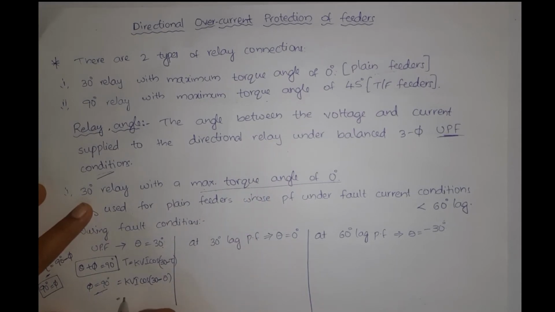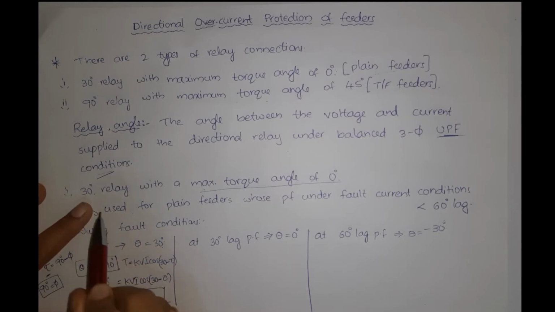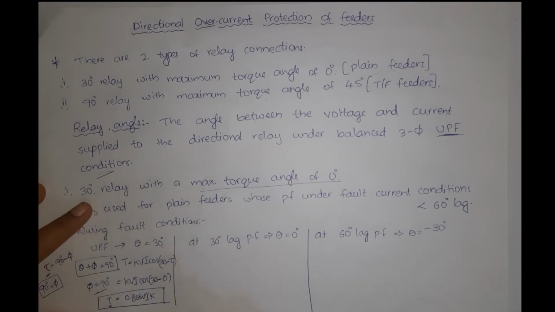So that comes as cos 30 degrees, that is 0.866 VIK. This is the torque produced when there is a 30 degrees relay angle between voltage and current supplied to the directional relay under balanced three-phase UPF conditions, right?